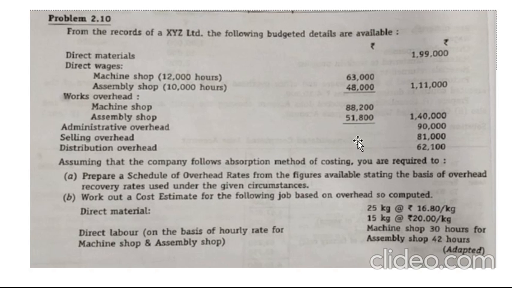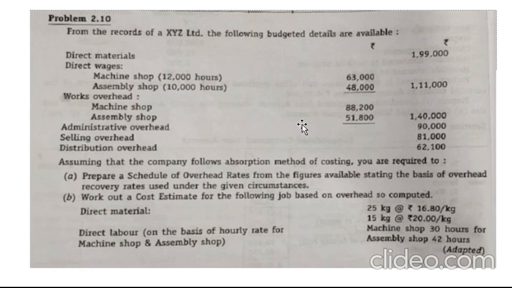In this cost sheet, based on 30 and 42 you will be calculating. So now we will do the working note for your works overhead. In your budgeted cost sheet, it is 88,200 for machine shop. For assembly shop it is 51,800. This is an expense incurred for 12,000 hours and 10,000 hours. So you need to find out for 30 hours and for 42 hours how much it is.